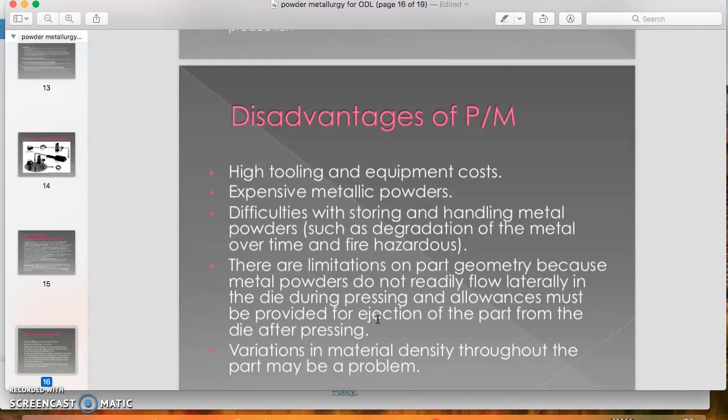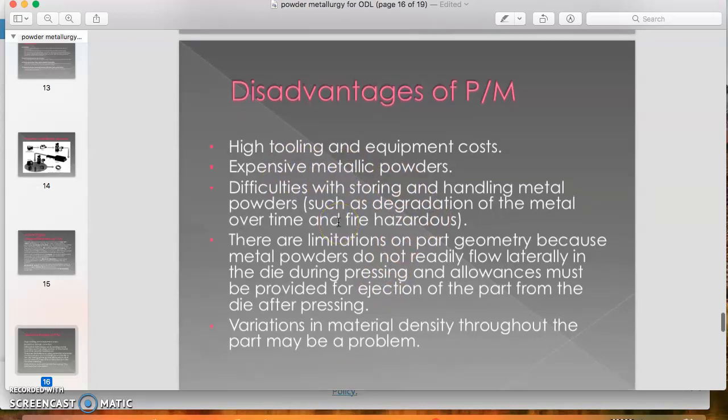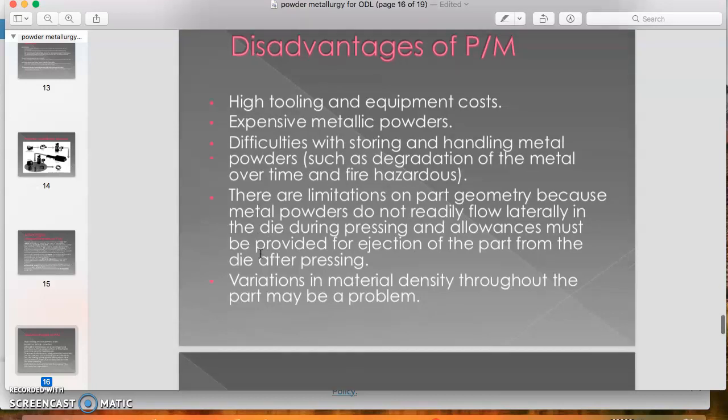The disadvantages of powder metallurgy are high tooling cost and expensive metallic powder. It is difficult to store the metal powder because it is very hazardous, a fire hazard. There is a limitation on the part geometry: if the product to be produced is very complex, it is not possible to produce using powder metallurgy.